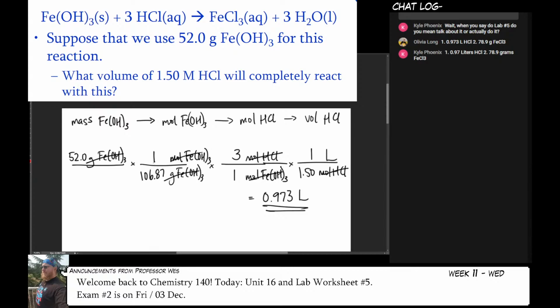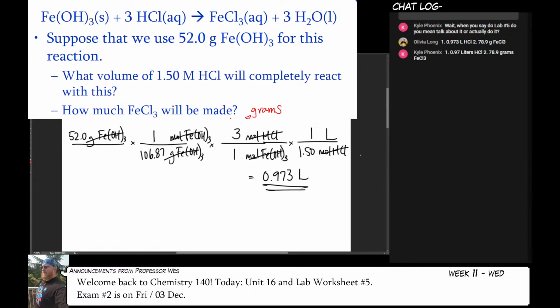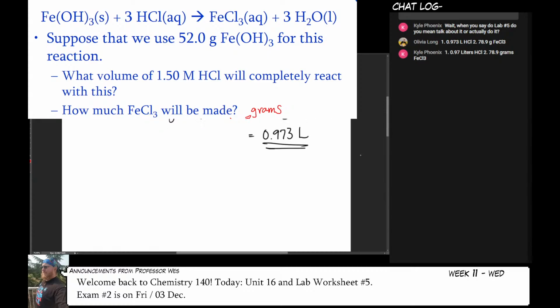All right, now let's do the second problem here. How much FeCl3 will be made in grams? And this is more or less the same type of problem here.